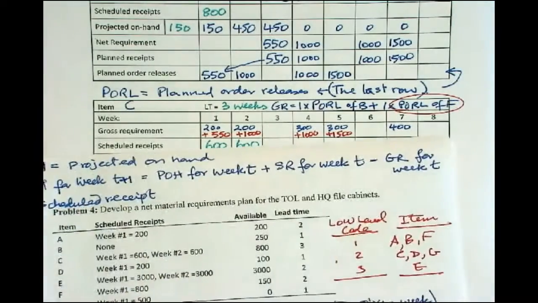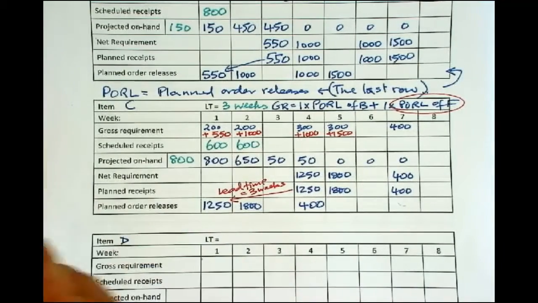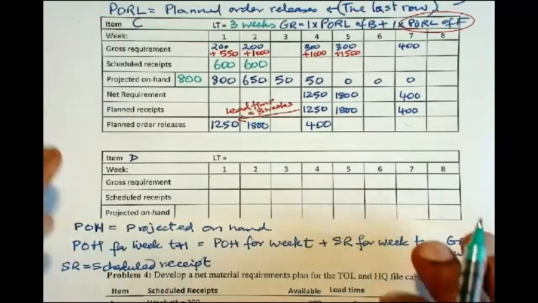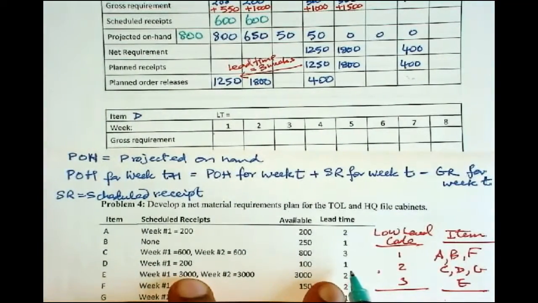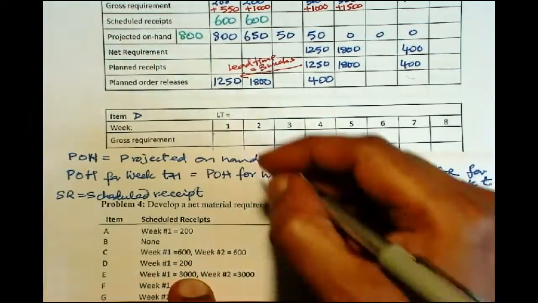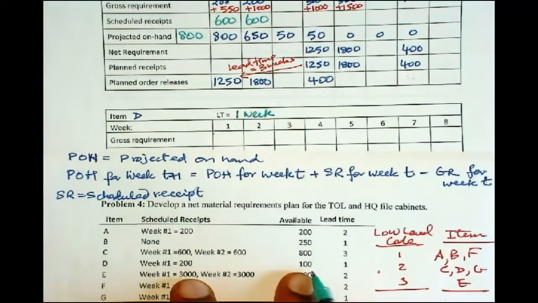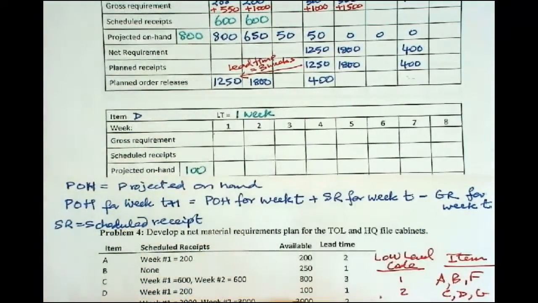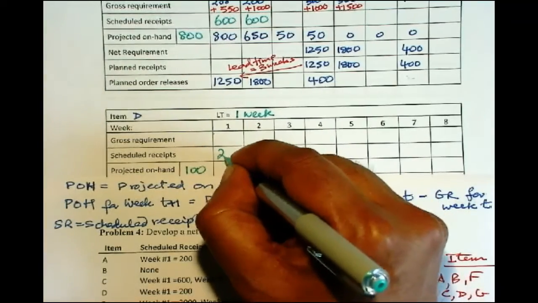The next item is D. So item D, lead time is 1 week. We have 100 units available on hand, and 200 units of scheduled receipt for week 1.